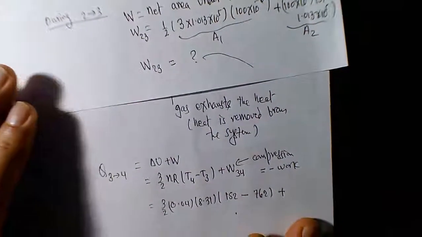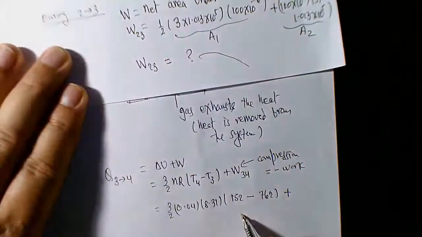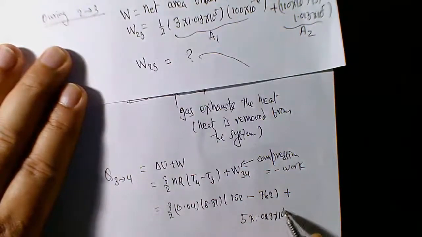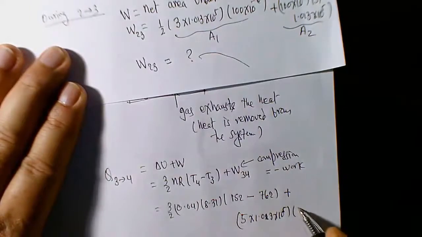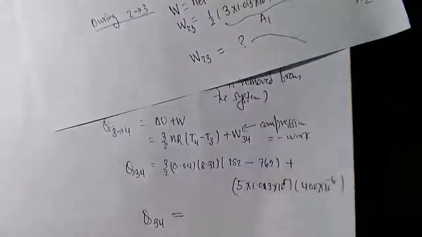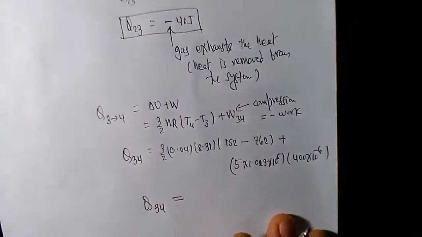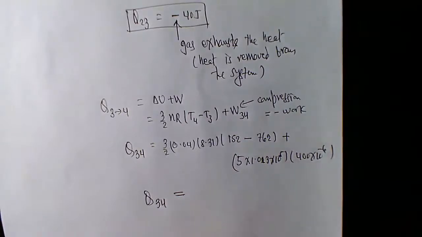So the height is 1.013 times 10 to the power 5, times the width, 500 minus 100, which is 400, times 10 to the power negative 6. That's going to give you Q34, the heat exchanged when the gas is compressed from 3 to 4. If you do this calculation, you will find that out.